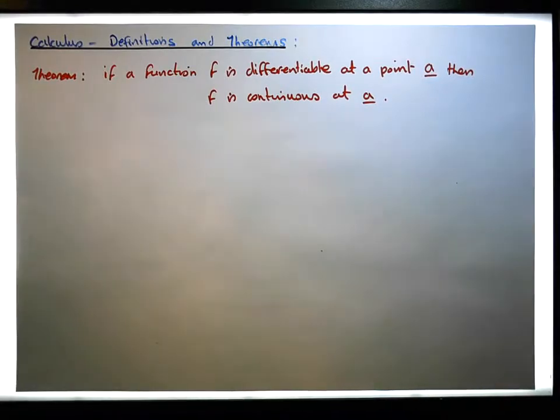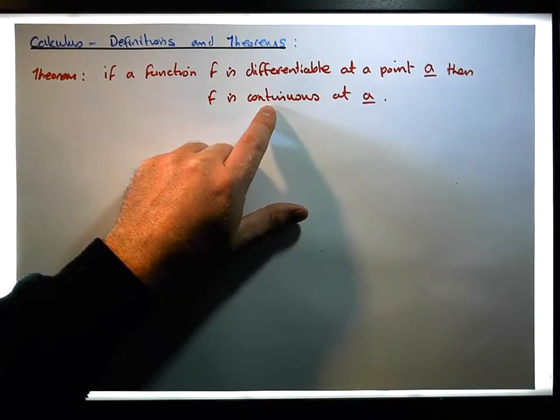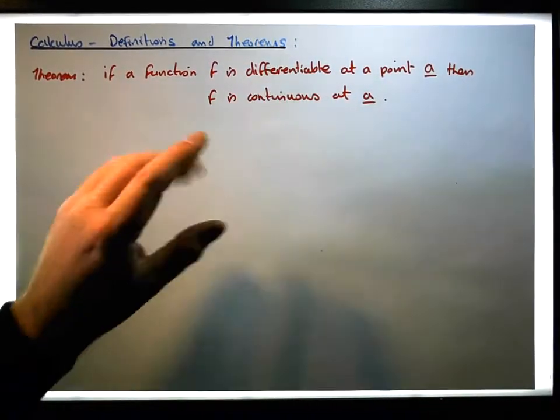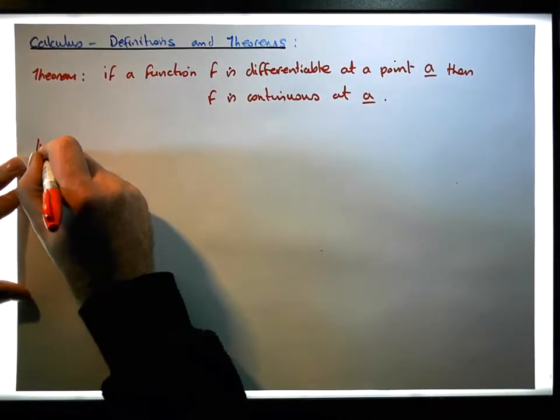But before we do the proof, we're going to rely upon a number of different things: the definition of what a continuous function is, what it means for a function to be differentiable, and one other thing which we'll start off with, an important identity.